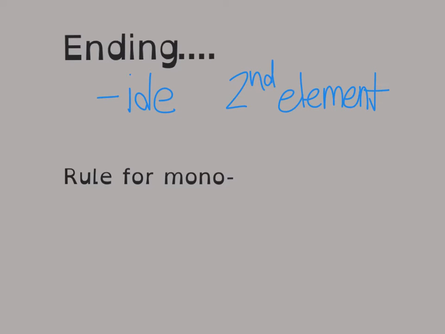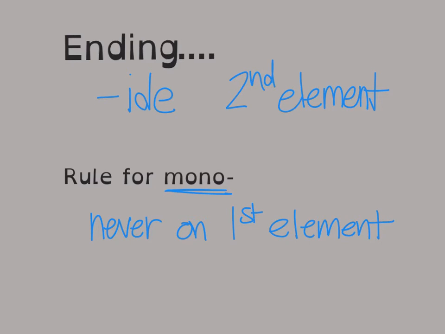So if it's chlorine, it becomes chloride. If it's oxygen, it becomes oxide. And there's a rule for using mono: mono is never on the first element. You can use mono on the second element, and you can use any prefix other than mono on the first element. Those are the two rules you need to keep in mind.